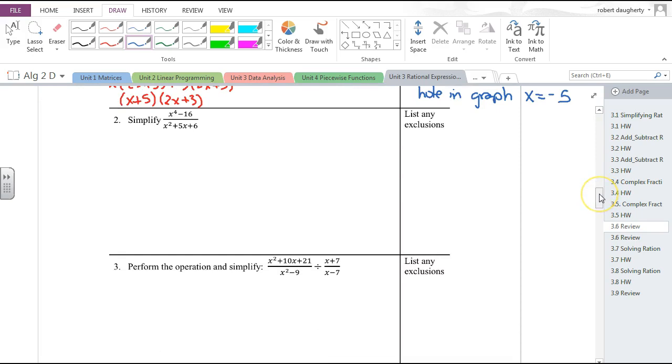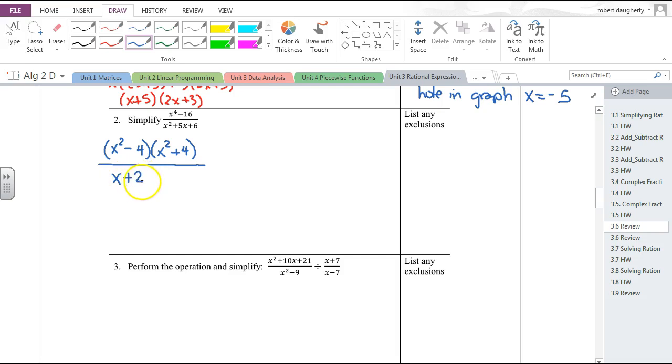Continuing on, very similar. Simplify the following expression. The key to simplification is factoring, with the denominator and numerator completely factored. So this is x squared minus 4 times x squared plus 4 divided by, when I look at the denominator, numbers that multiply to 6 and add to 5.